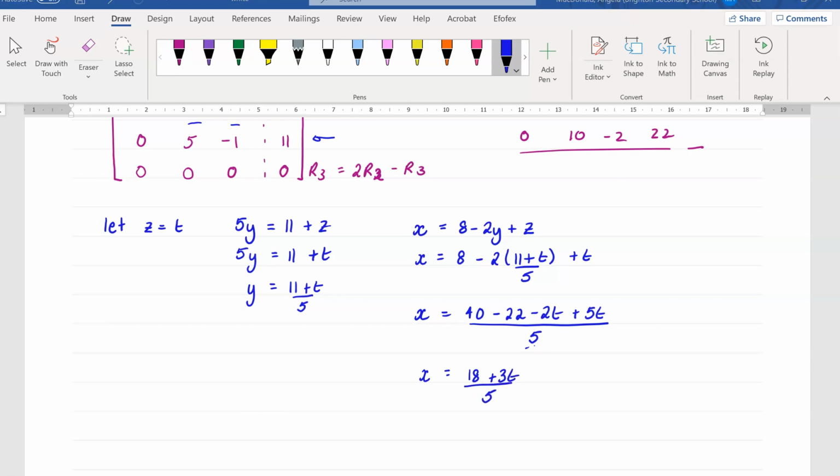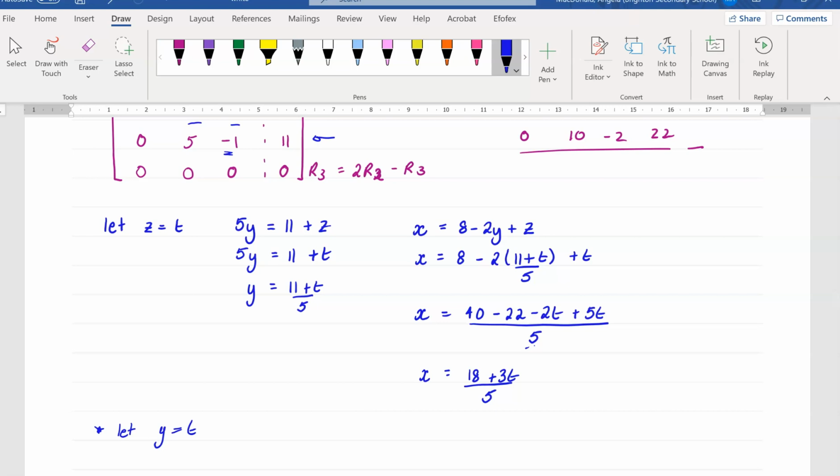Now I'd like you to look at the solutions for this one in the textbook, because they've done it slightly differently and they have let y equal t. And you're allowed to do that. It just gives you a slightly different version. If you let y be t, what happens when you find z?